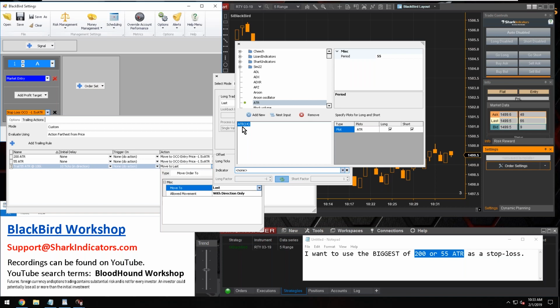So if you want to still keep evaluating the 200 or 55 period ATR for actual trailing, you'll need a custom indicator.